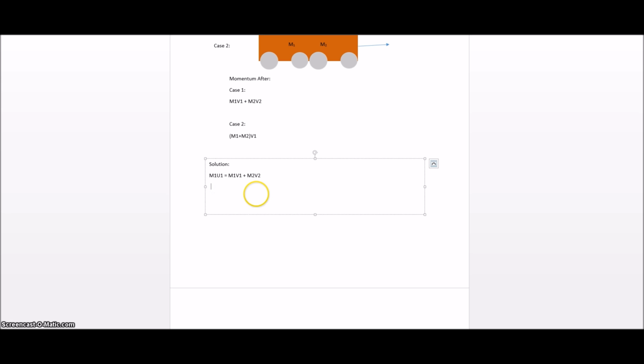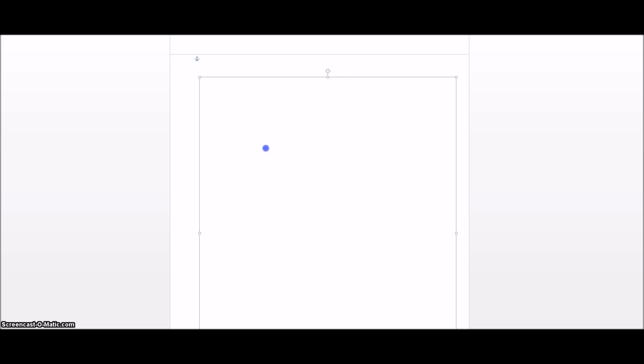And in case 2, it would be m1 u1 equals (m1 plus m2) v1. And of course, in the same way, you'd be given numbers and you just have to work out one of these. We'll do some calculations later on.